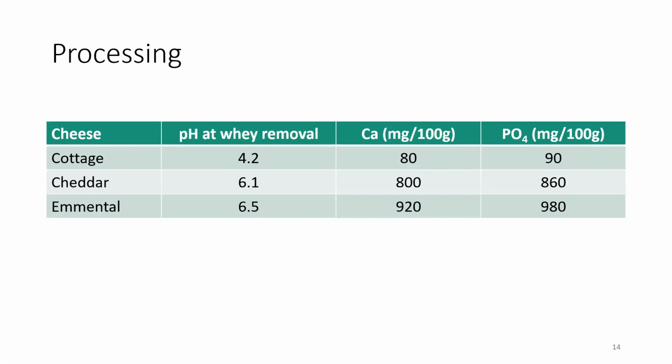These are 3 kinds of cheese, and we have there the pH when we remove the whey. Cottage cheese is very acidic, and so when we remove that whey, it's acidic whey. There's going to be a lot of elements in that whey, particularly calcium.